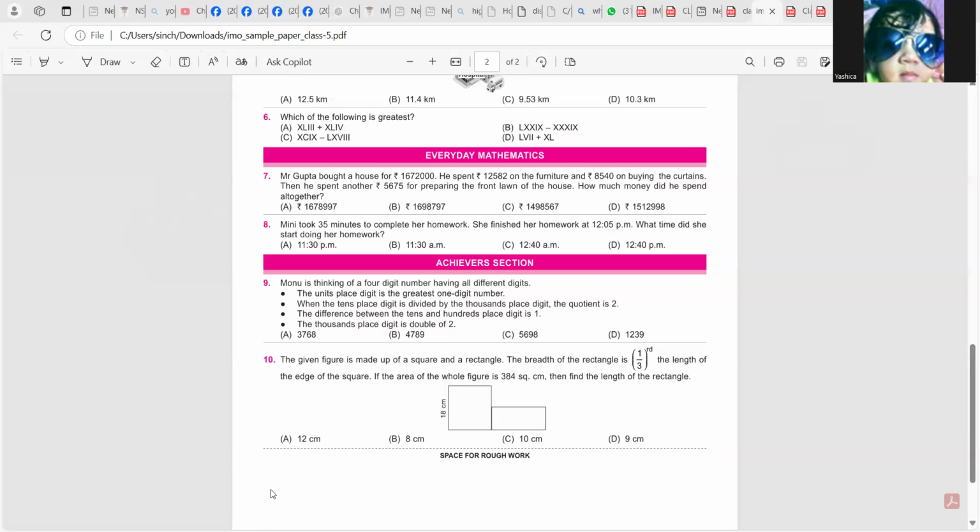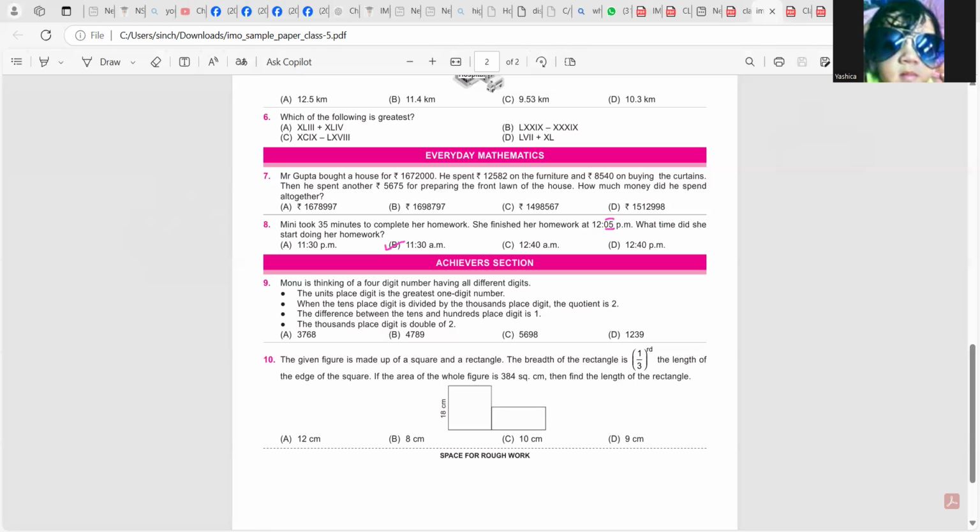Very good. Do number 8. Ma'am, the correct answer is 11:30 because 12:05 p.m. minus 35 minutes is 11:30 a.m. This is because we can say this 5 minutes extra.